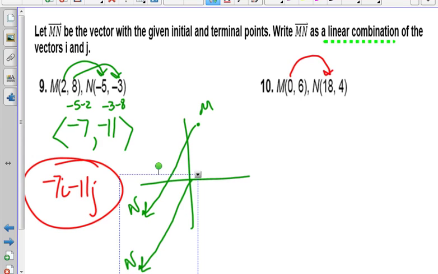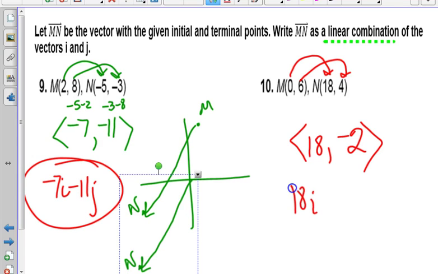From 0 to 18 is 18. From 6 to 4 is down 2. Okay. So 18i minus 2j. Could you find the magnitude if you had to? It would be square root of 18 squared plus -2 squared.